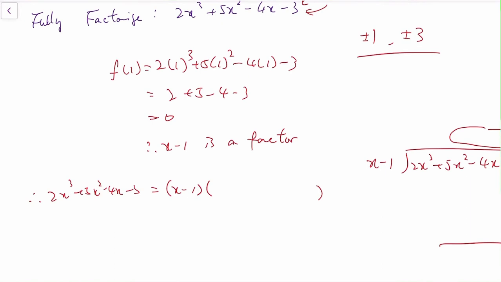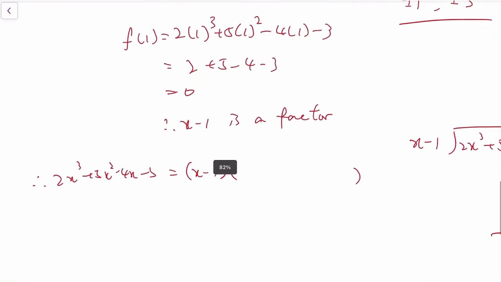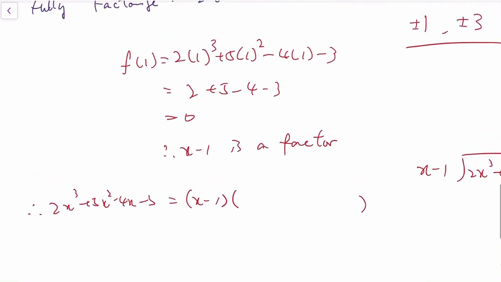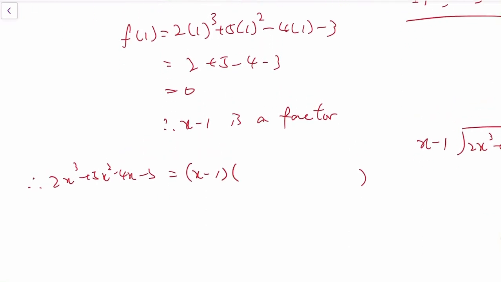Another way that I kind of like would be to just guess the other factor. Let me show you once how you guess, and see if you like that method or not. We know originally this is a cubic, while I have a linear factor. What that means is the other factor has to be quadratic.